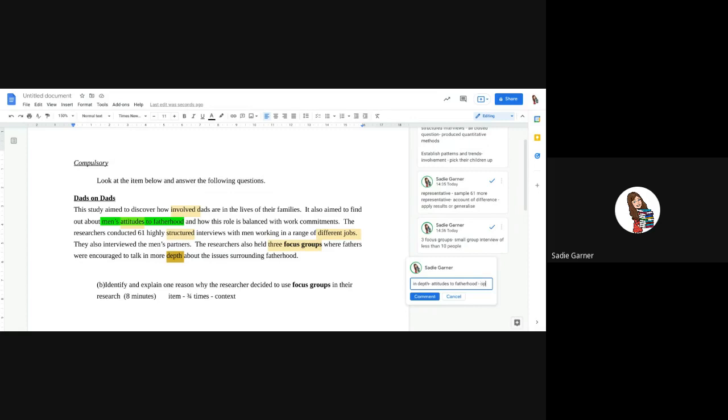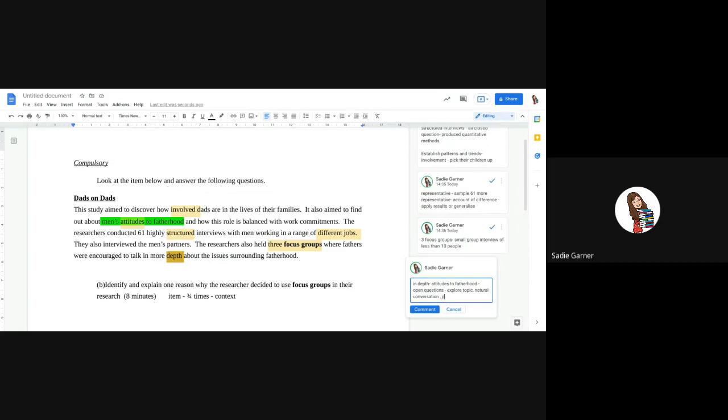That's going to have the open questions. It's going to allow them to explore the topic. And not only do focus groups allow them to explore the topic, but it's like a natural conversation, a focus group. They're all discussing what it's like in terms of their attitudes to fatherhood. So it's like a natural conversation.